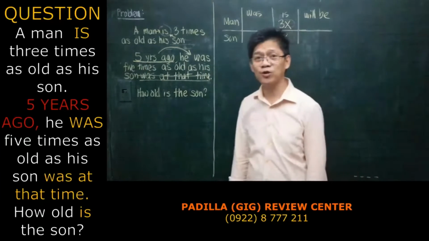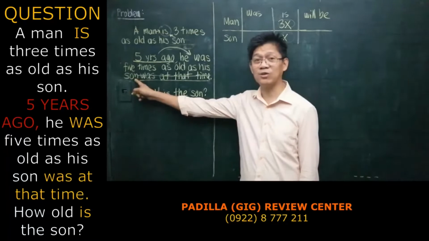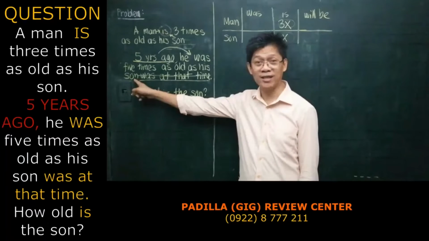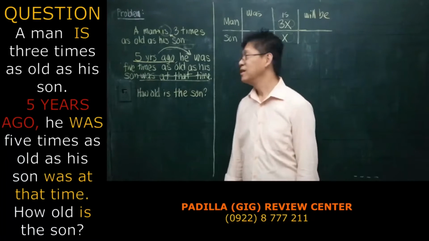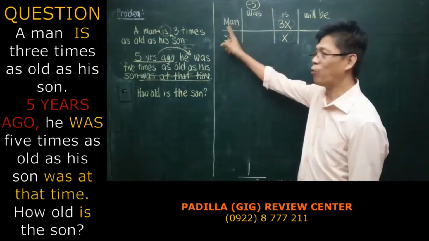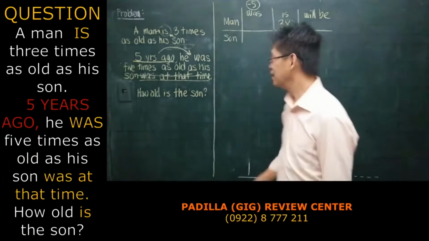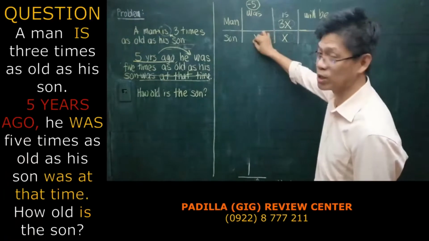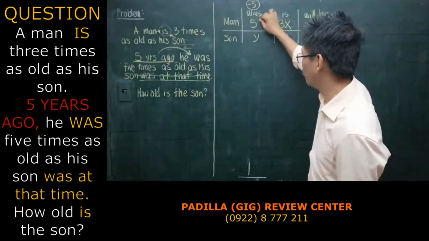Meaning, even if you don't say that, it's understood that we are referring to the age of the son when? 5 years ago, because that is a condition. So, 5 years ago, the man was 5 times as old as his son. If his son 5 years ago was Y, the man was 5Y.